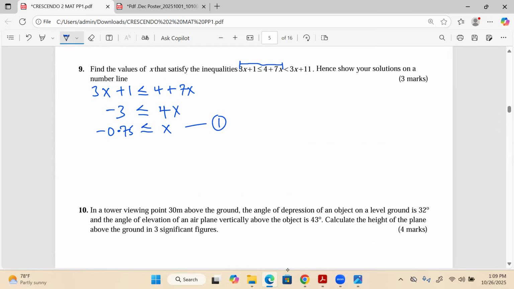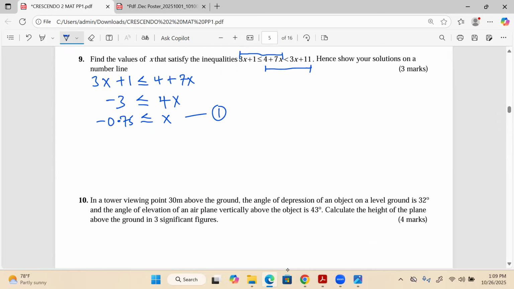Now the next, we start from 4 all the way to 11. So 4 plus 7x less than 3x plus 11. With this now, we should be able to do grouping of terms once again.